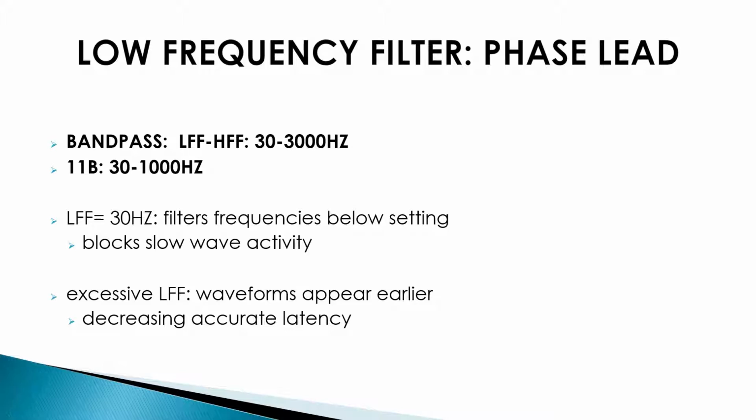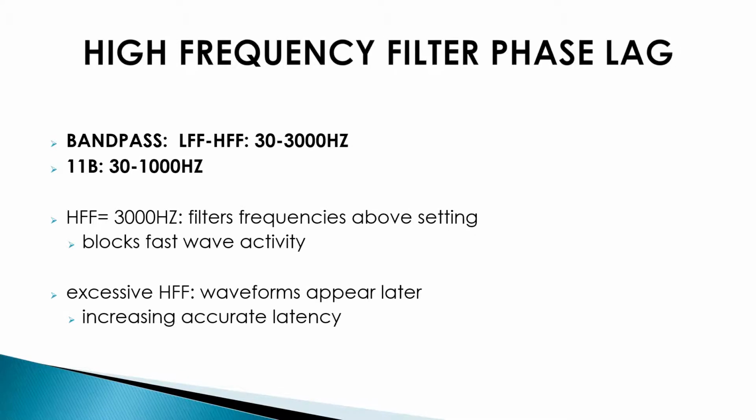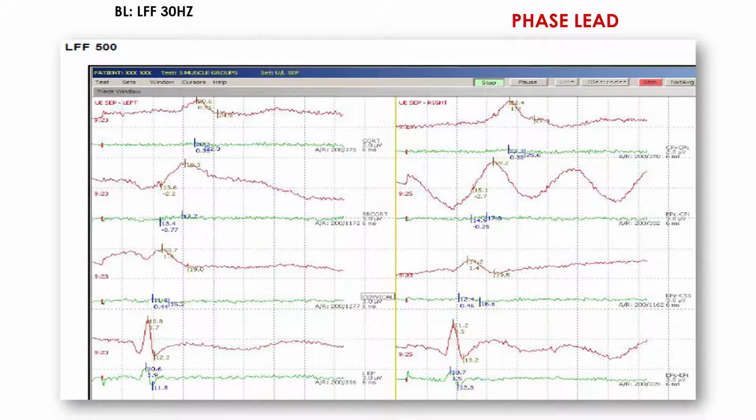But if we excessively use a low frequency filter, the waveforms can shift and appear earlier, and it decreases the latency. So what does that mean? Here's an upper SSEP. Here's the Erb's point, a cervical response, a subcortical response, and a cortical on the left, and then the same on the right. The red is the baseline, and it was done with a low frequency filter at 30 Hz.